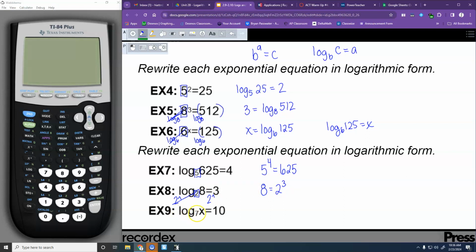Right. So here, if I have a log base 7, if I do 7 to that power, that cancels out that log, and 7 to that power on the other side, X equals 7 to the 10th power. Or, again, if you write it this way, 7 to the 10th equals X, perfectly fine.